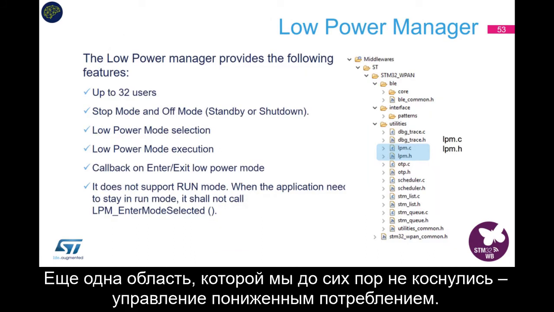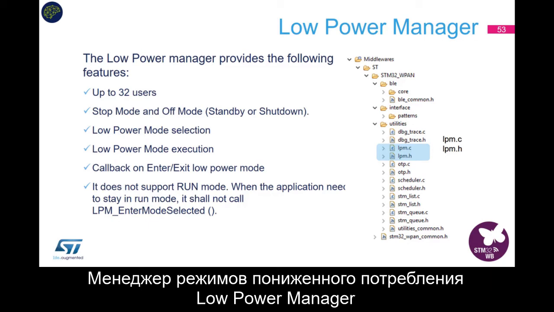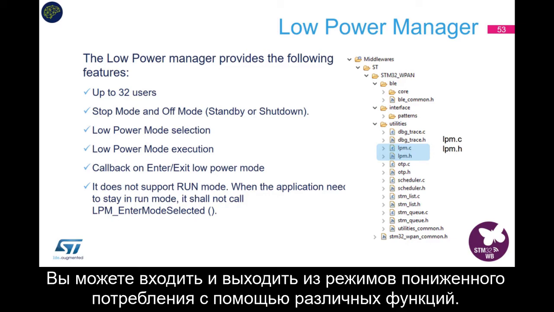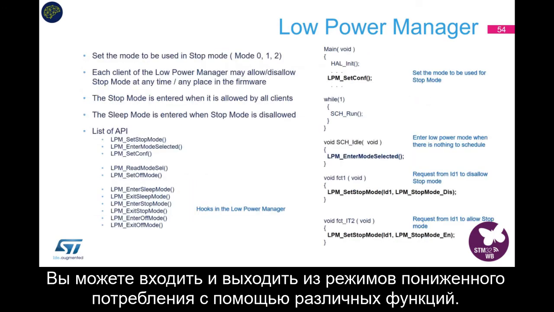One of the other areas we've not had a look at yet is the low power management. Just like the scheduler and the hardware timers, it gives you multiple ways of entering and exiting the low power modes that we've got available. So you can start and stop low power modes. You can have different functions to say that you want to enable or enter low power mode based on what you're doing.